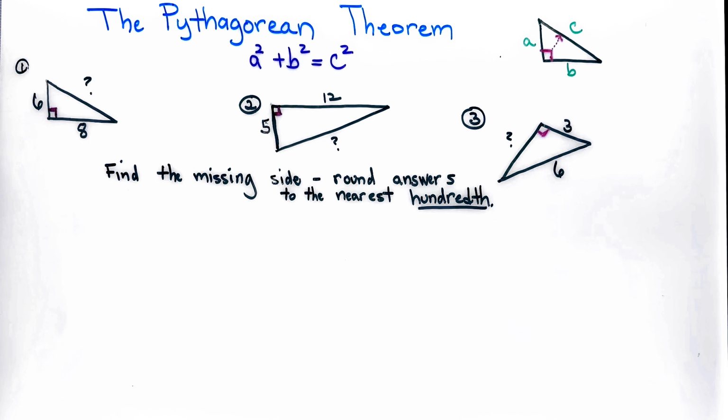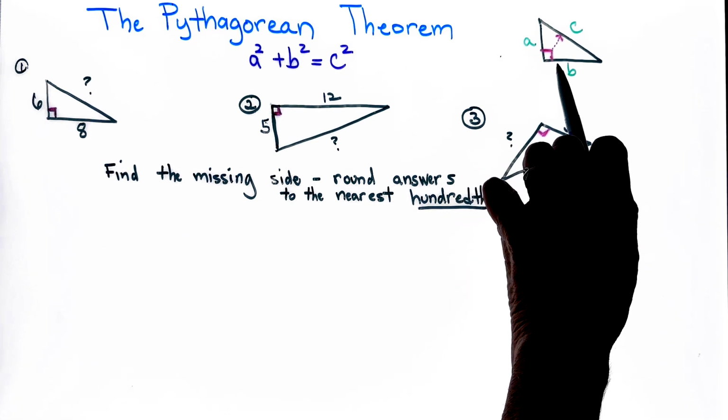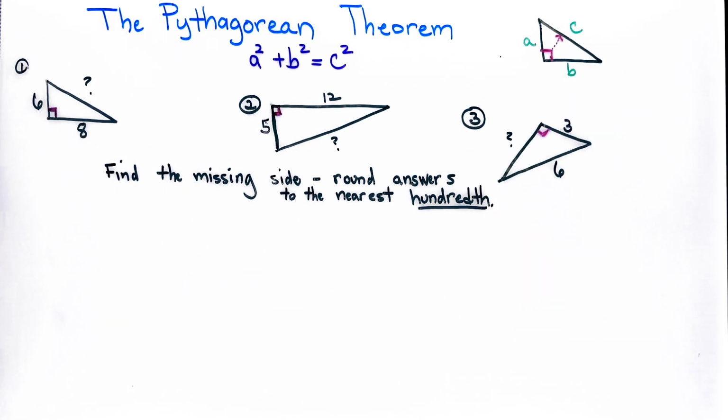So no matter how the triangle is turned, if you look at your perpendicular box, your 90-degree box, you can easily find the hypotenuse. For the three problems we're going to be solving today, we're going to find the missing side, and we're going to round our answers to the nearest hundredth if necessary.